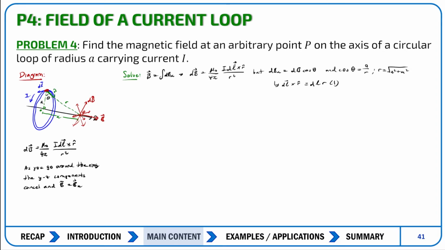But also, we know that r hat is a unit vector, so the value of the unit vector is equal to 1. So we have simply dl. So we can go back and rewrite this: dBx is equal to mu naught over 4 pi, and up top we have I dl over r squared, which is just x squared plus a squared.